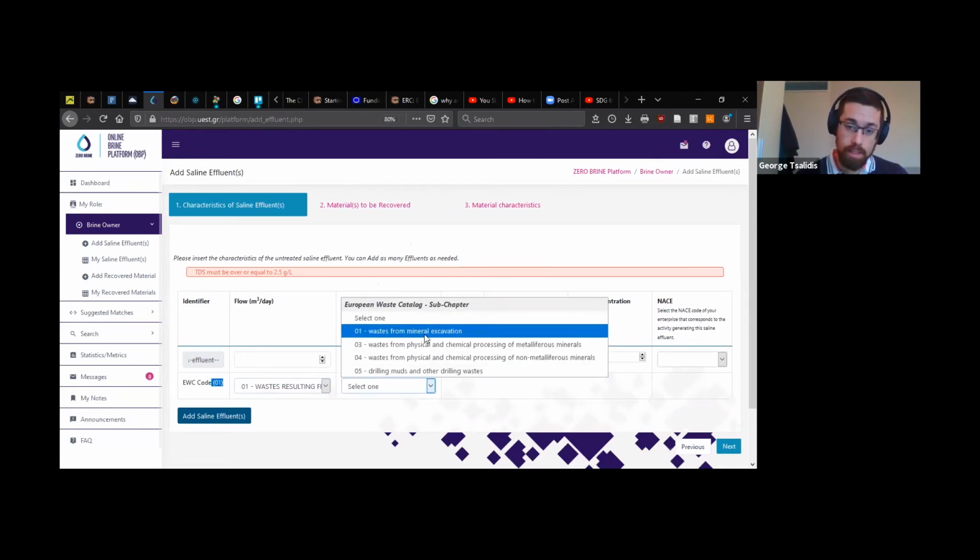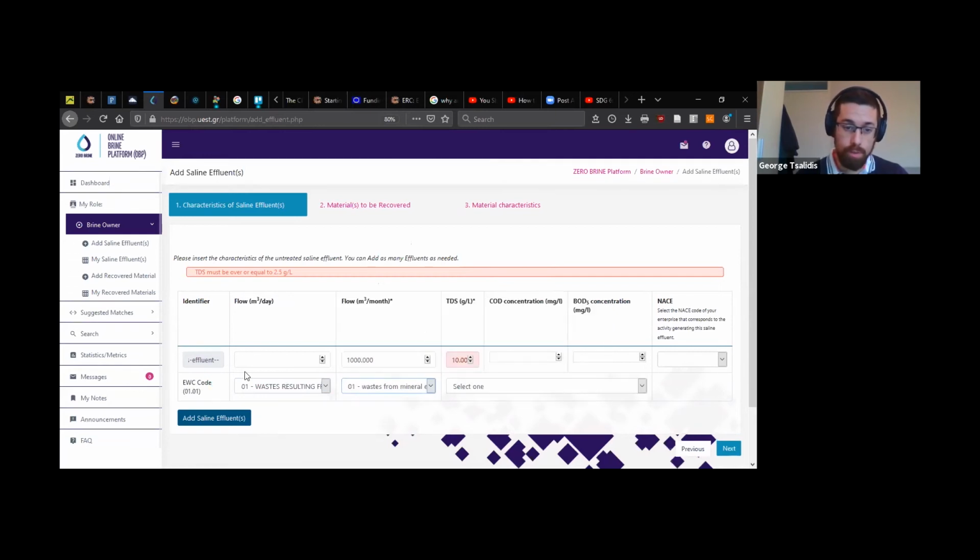Let's say that this brine is waste from mineral excavation process, so 1.01, and then non-metalliferous excavation. I can also add more effluents, but let's say that I'm producing brine only from one site or one process, and this is what I have right now.